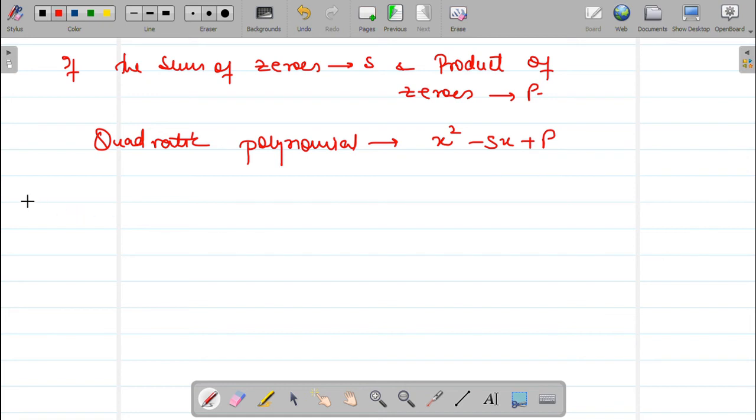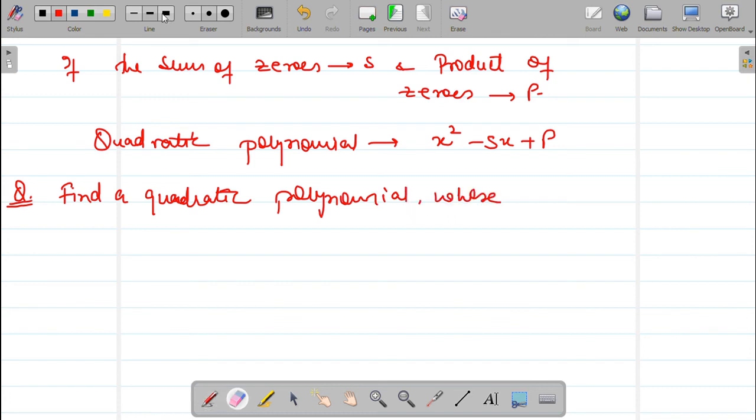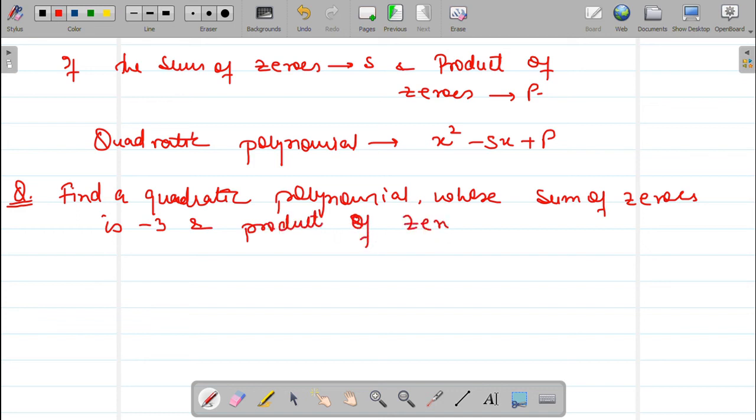So now if I have a question here: find a quadratic polynomial whose sum and product is given to us. Polynomial whose sum of zeros is minus 3 and product of zeros is 2. So you have to find the quadratic polynomial.